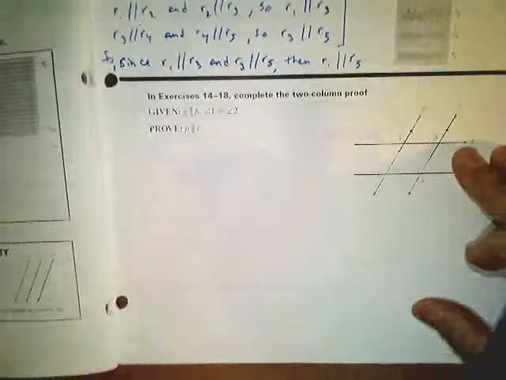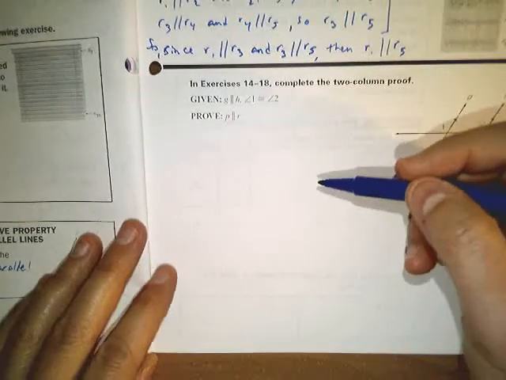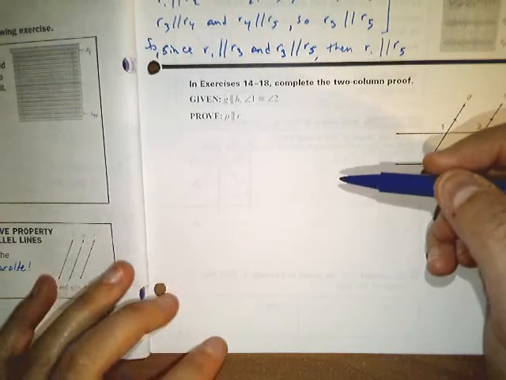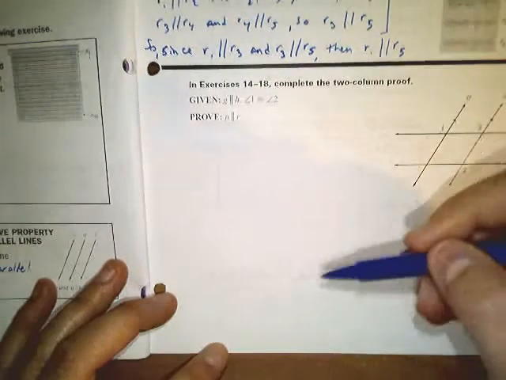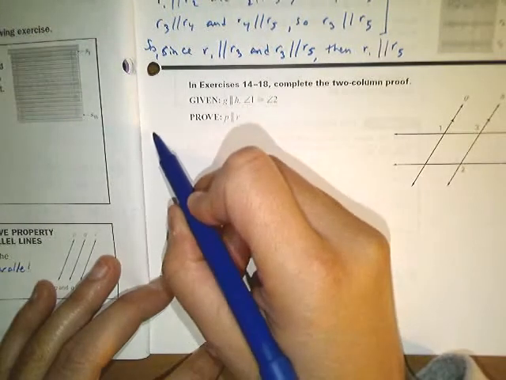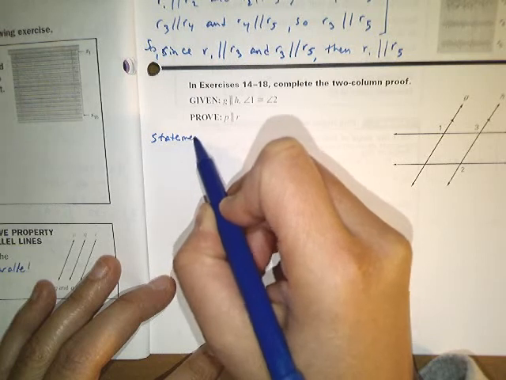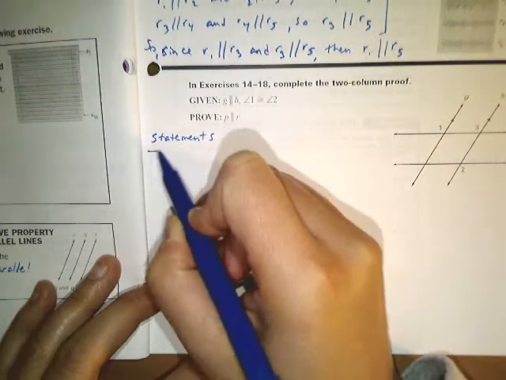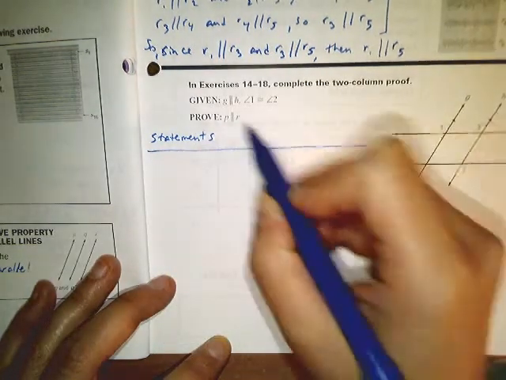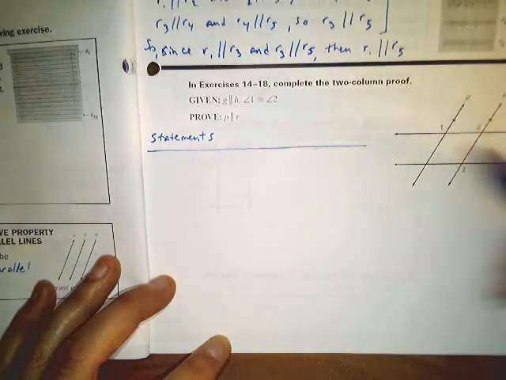Oh my goodness, the final example of section 3.3. Here we go. We want to create a two-column proof. So we're going to have statements on the left side and reasons on the right side, that help us logically eventually get to proving that lines P and R are parallel.